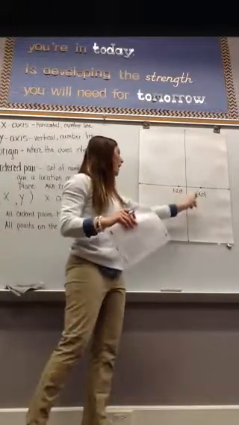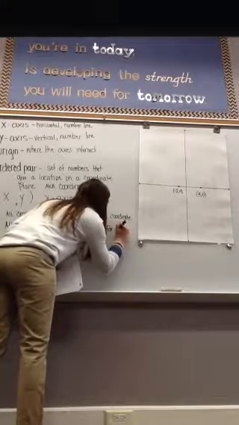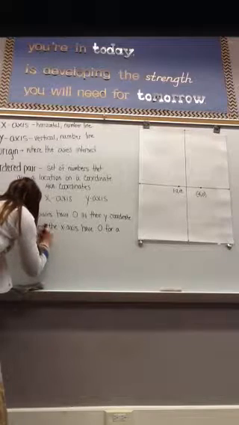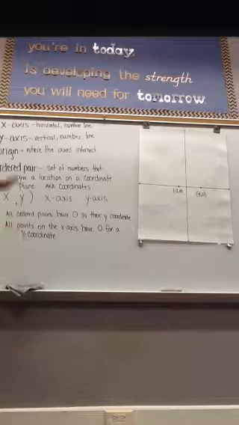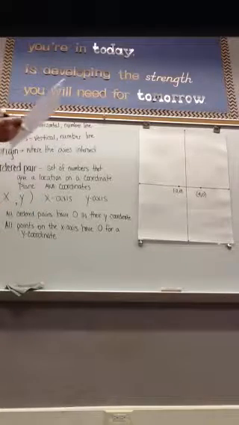They all have 0 for a y-coordinate. That is a rule. If the y-coordinate is 0, that point is located on the x-axis every time. That is our rule. Let's move down to number 2.